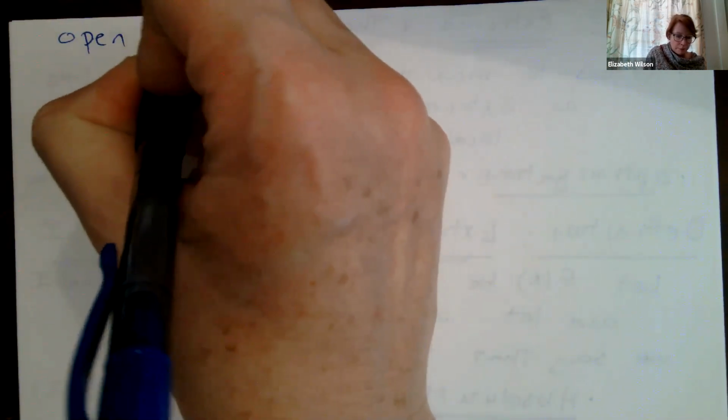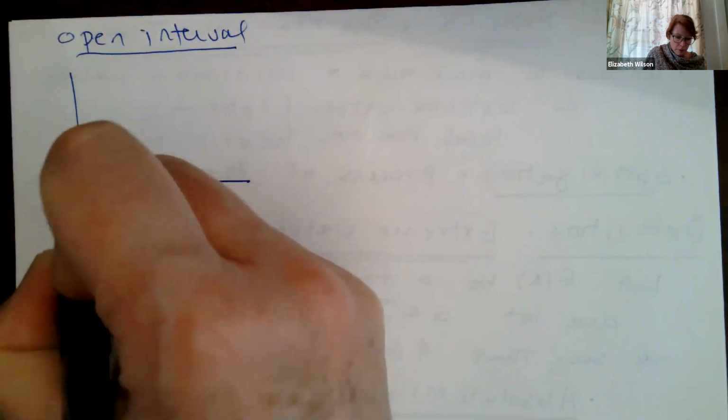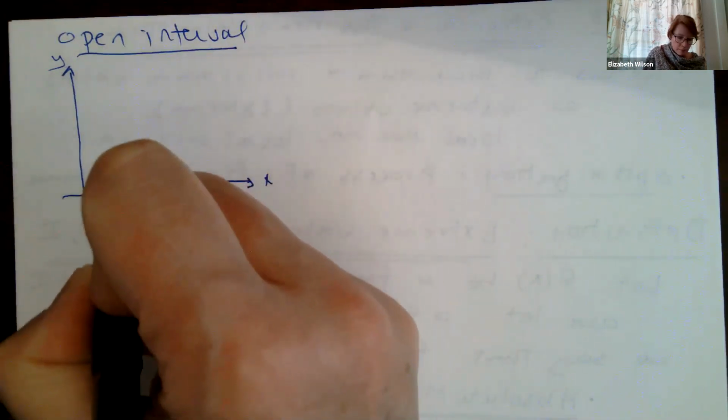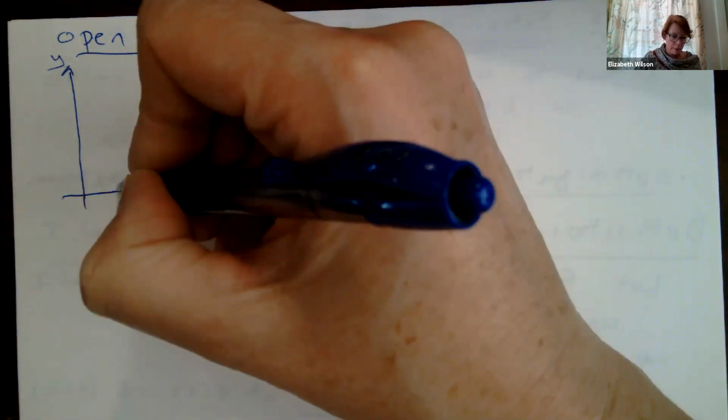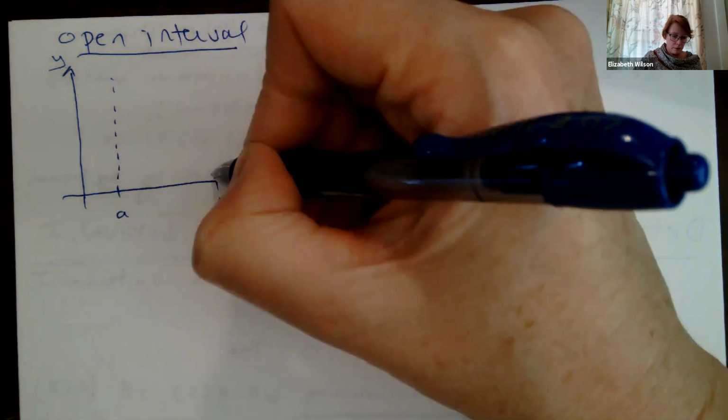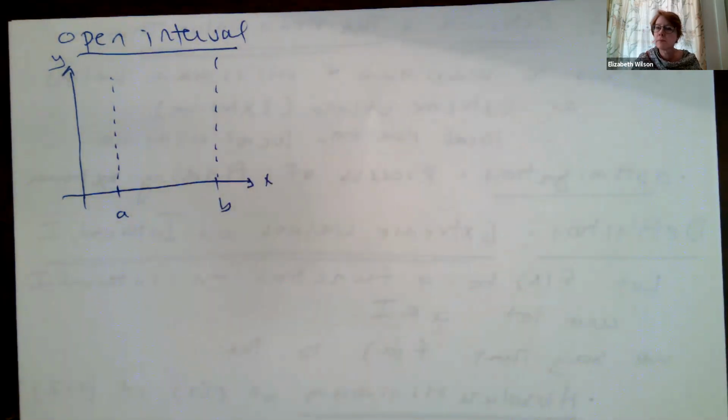Another exception to our no maximum or minimum rule is if we have an open interval. How that would look is, say, for example, here's my x-axis, here's my y-axis. Here's my a to b. Say I want to be looking at a to b, and I draw them out like this.